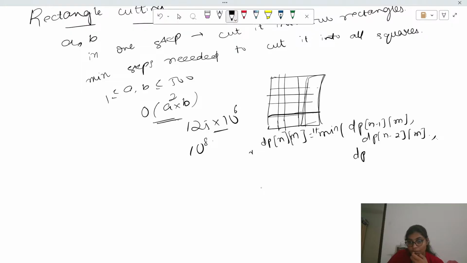Comma dp of n comma m minus 1, dp of n comma m minus 2. Minimum of all these. Wait. If we want to find here, we have to find the minimum of all these things and all these things.